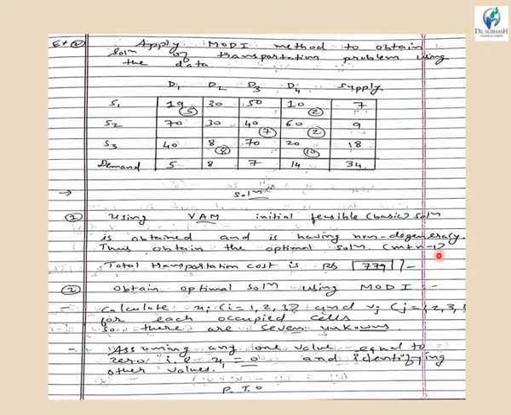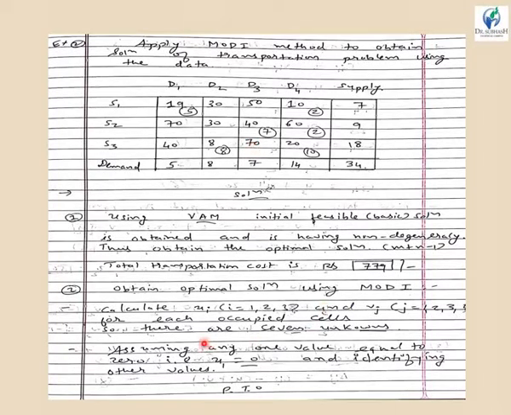Then we will have to remove that, but we will see in upcoming lectures how to solve degeneracy in the transportation problem. But in our case, the occupied cells are equal to 6 as per this formula, so this problem is a non-degeneracy case.